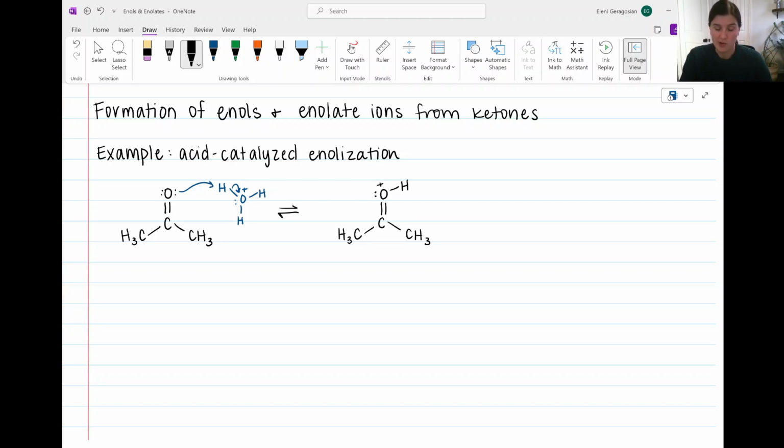Of course, we know that now this carbonyl carbon is more susceptible to nucleophilic addition. We've activated the carbonyl. We can show that formally through resonance. So we'll show resonance in green here.